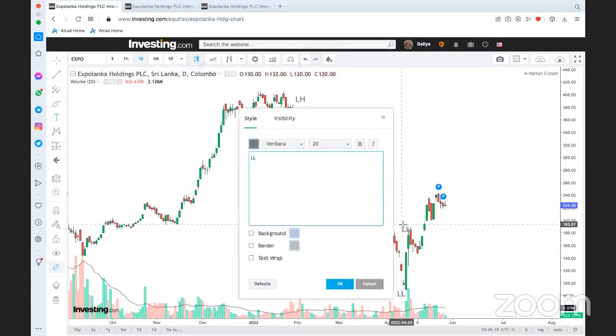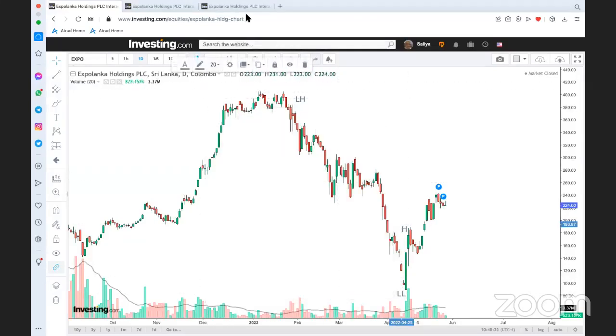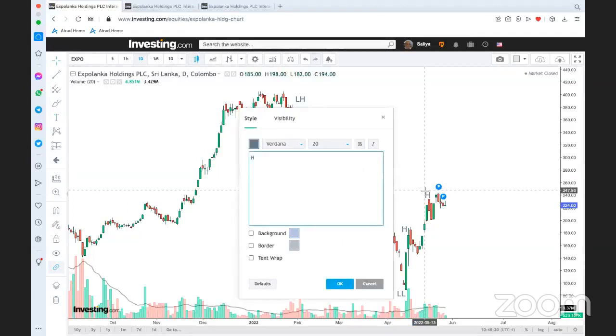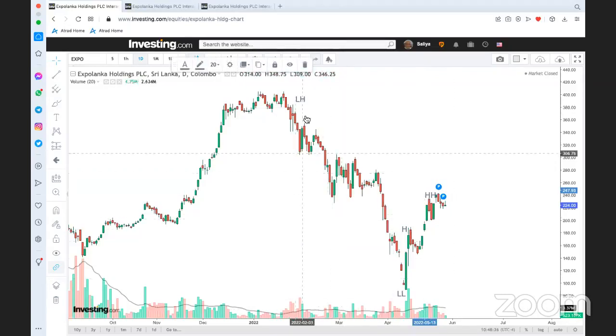You have a high here. Then you have a higher high here. Right? So the lower highs become higher highs.